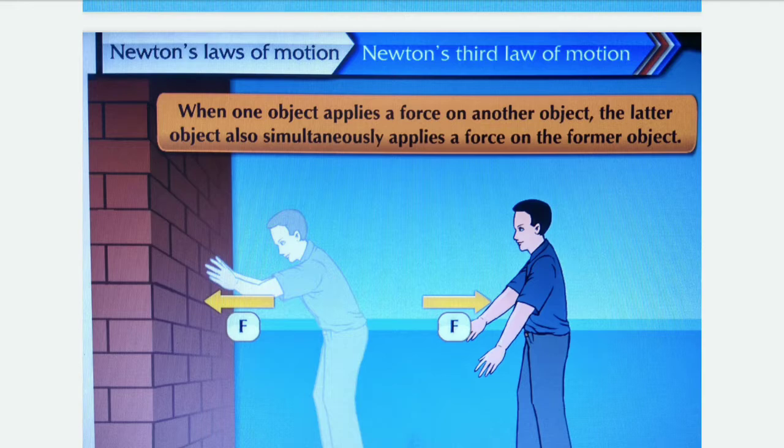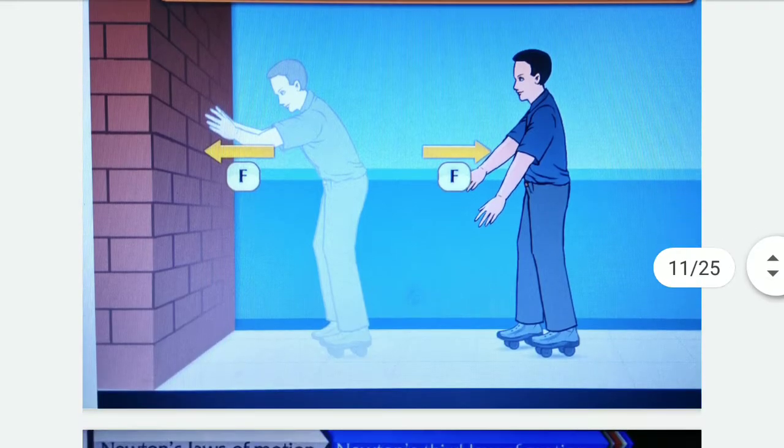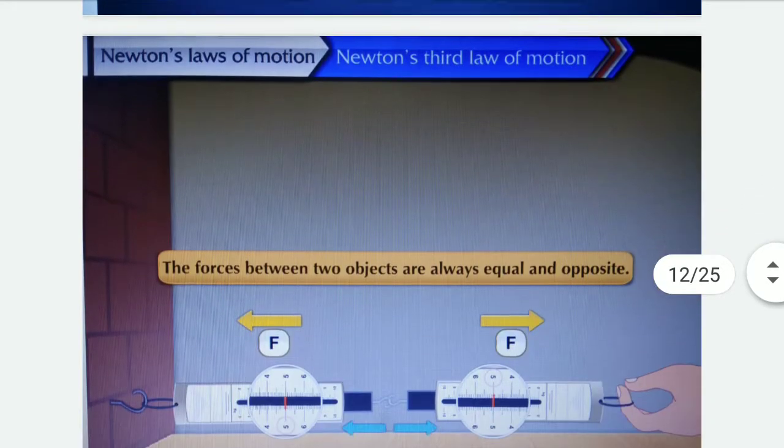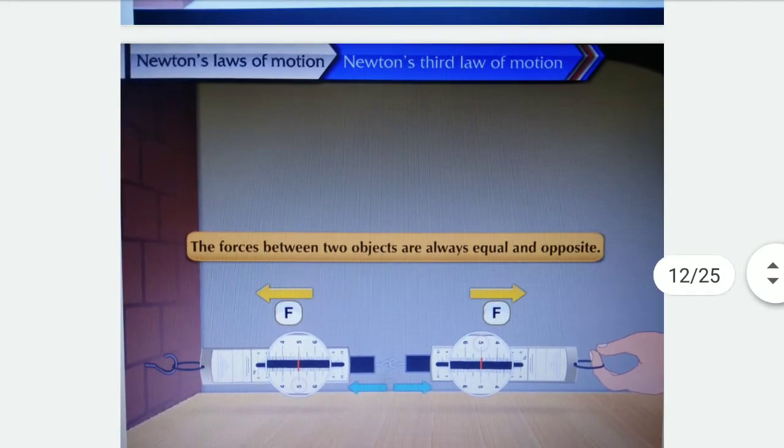The arrows show the direction of the forces exerted. The forces between two objects are always equal and opposite.